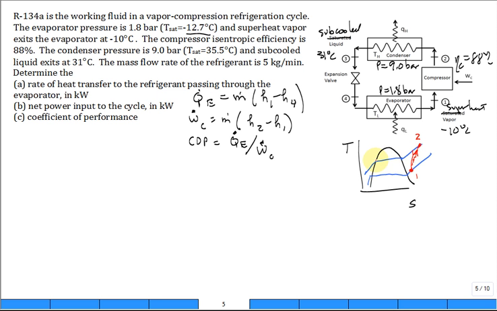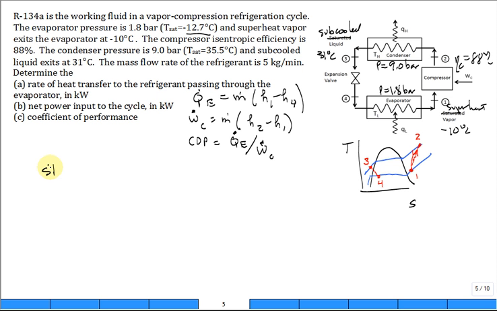And then state 3, if it came out saturated liquid, would be over here, but it's slightly subcooled, so there's 3, subcooled at that 9 bar. And then it has an expansion over to 4 through the expansion valve, irreversible expansion. So there we go.